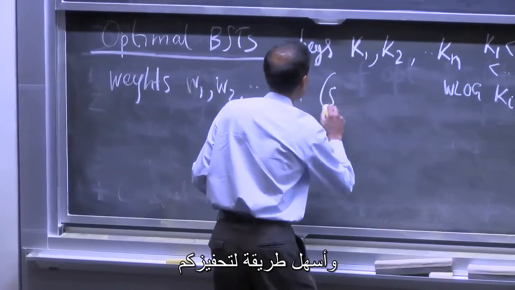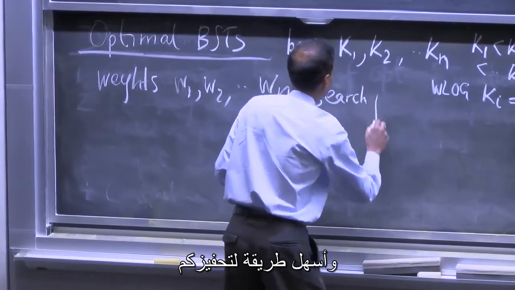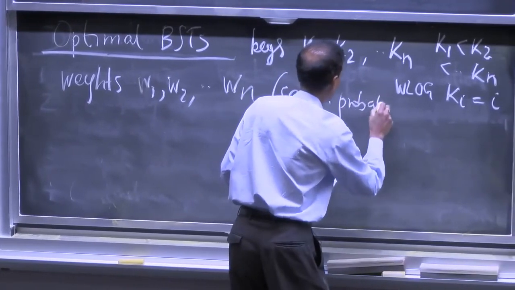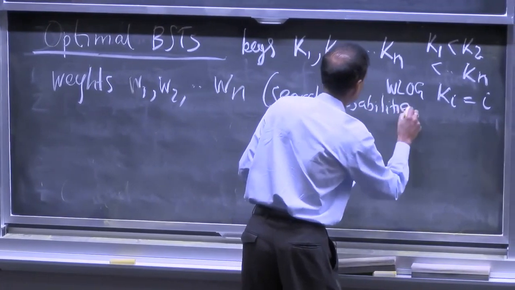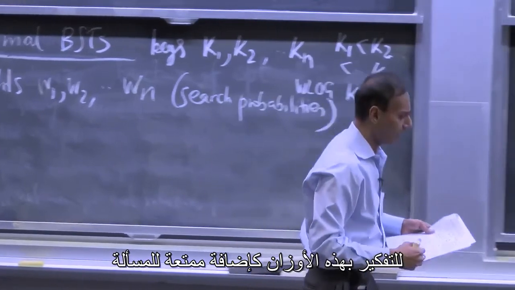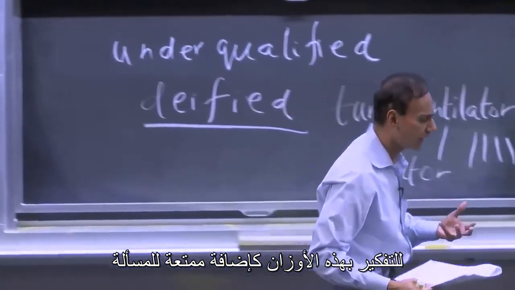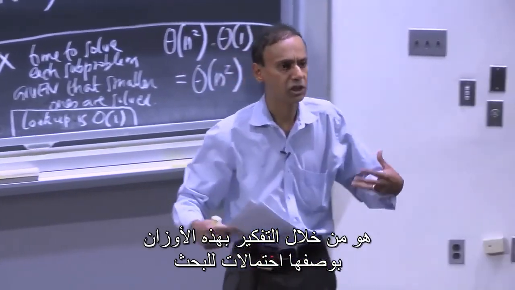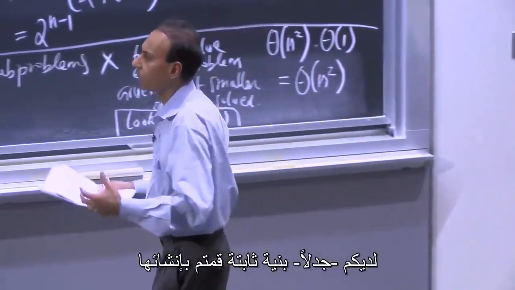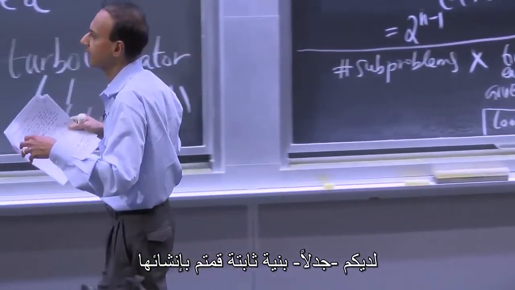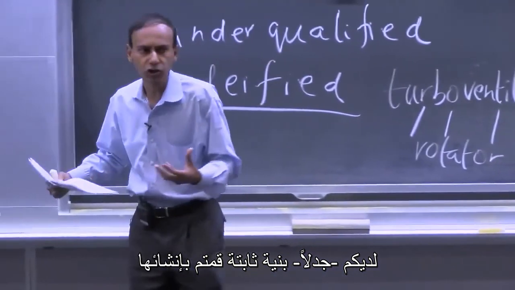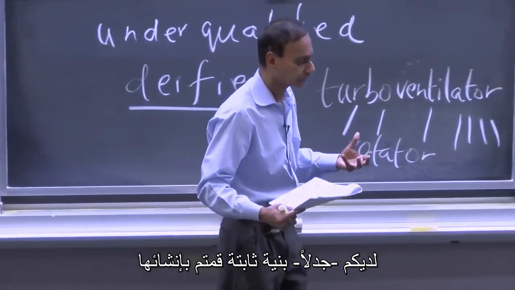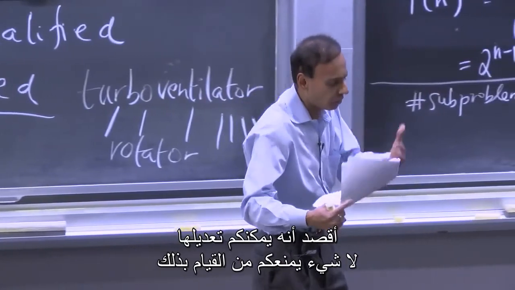And the easiest way to motivate you to think that these weights are an interesting addition to this problem is to think about these weights as being search probabilities. So what you have, for argument's sake, is a static structure that you've created, and I mean, you could modify it.